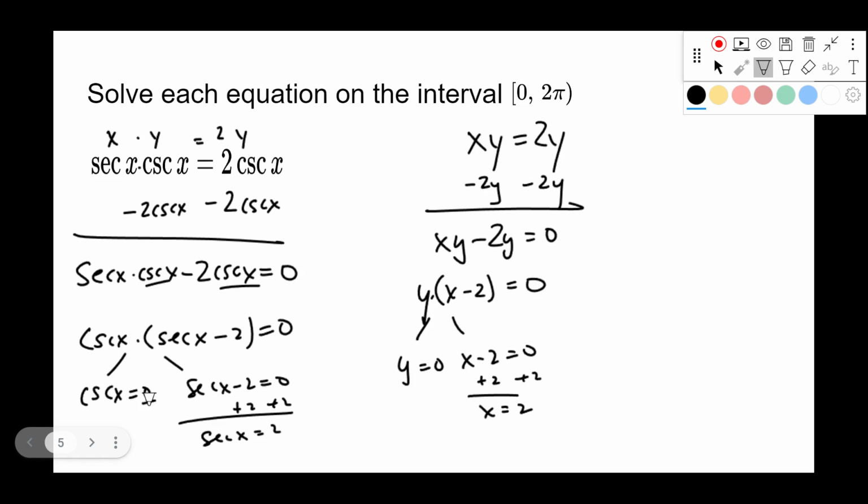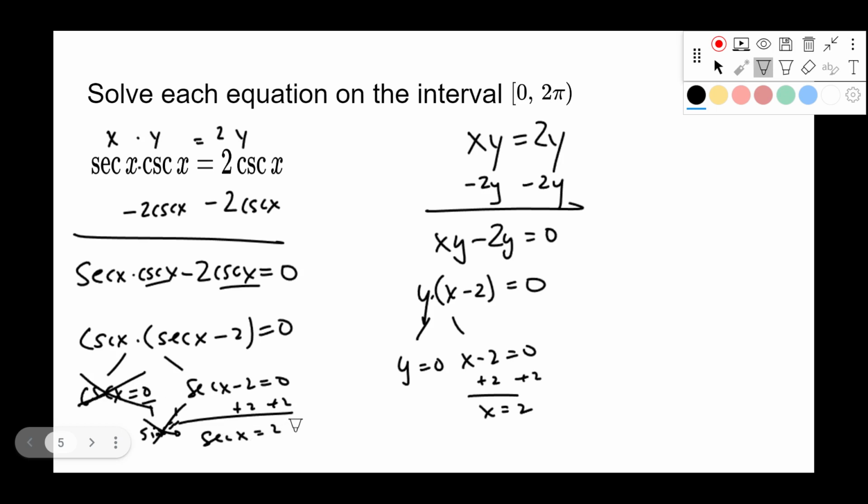Cosecant x is 0 over 1. If I flip that over, that would mean sine x would have to equal 1 over 0. So sine would have to be undefined, but sine is never undefined, right? We never get undefined for sine. So this has no solution. There's no answers from this at all. Cosecant x equals 0. It doesn't give me anything for x.